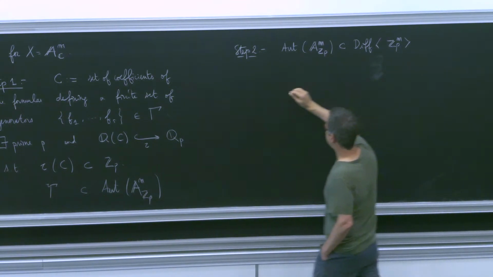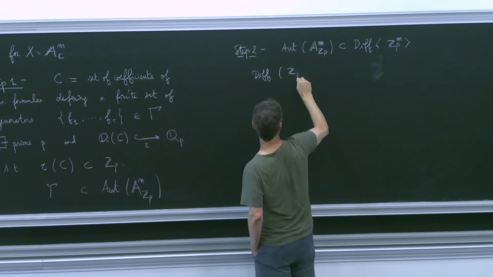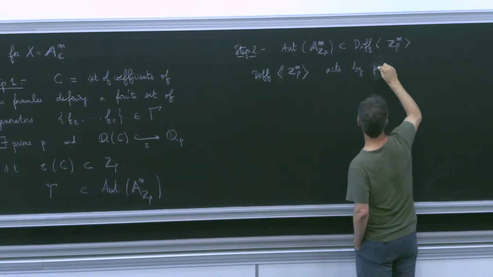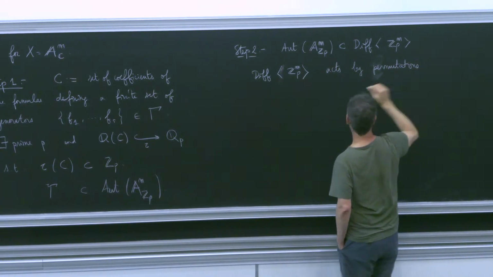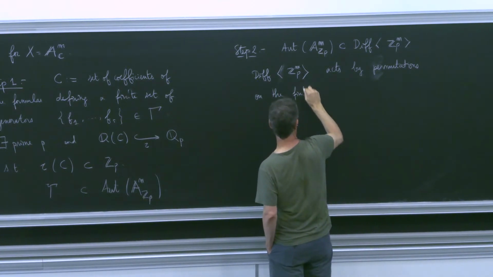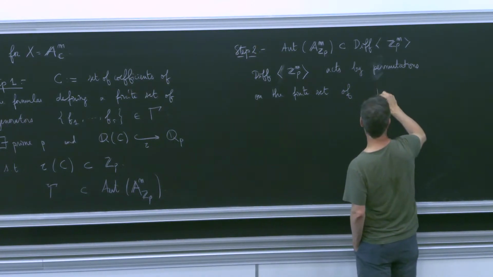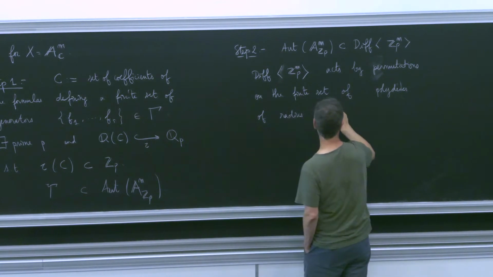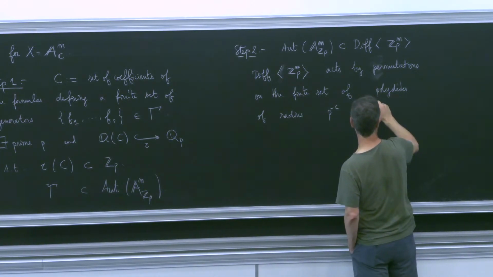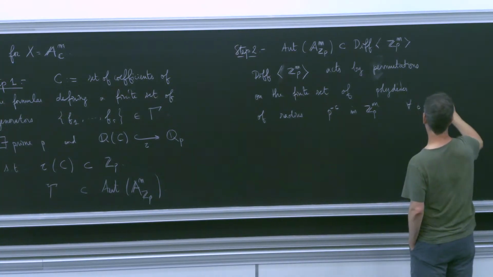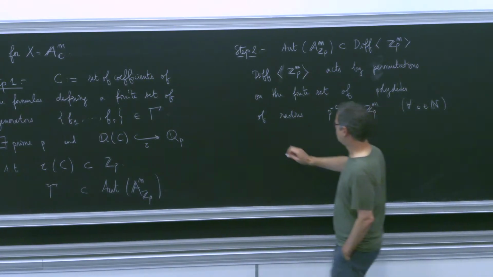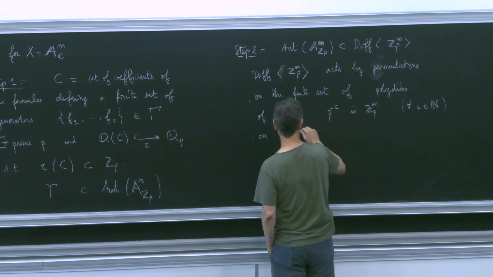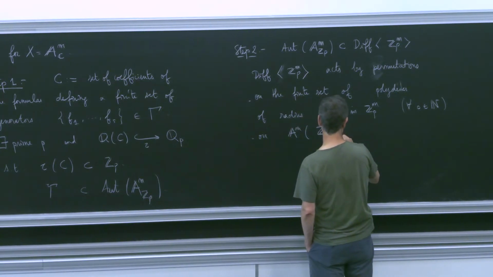So I'm just saying now that this group acts by permutations on the finite set of polydisks of radius p to the minus c in Z_p to the m, for every c in N. Okay, equivalently, after reduction mod p to the c, it acts on the finite set of points with coordinates in Z over p to the c.